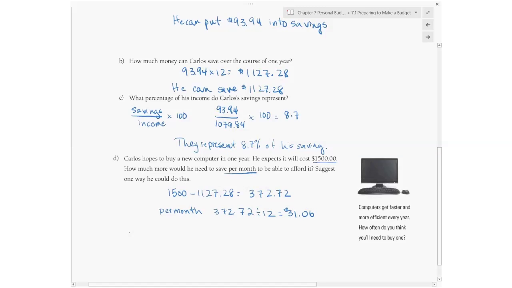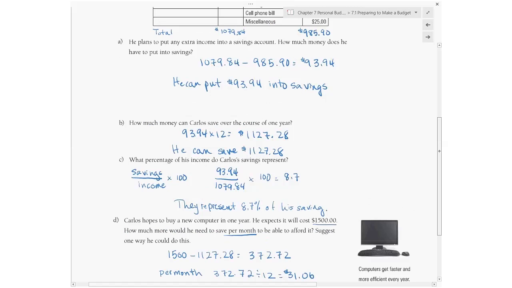So he needs to save an extra $31.06 a month. Okay, remember he's already saving almost $100, not quite, $93.94. He would need an extra $31.06.